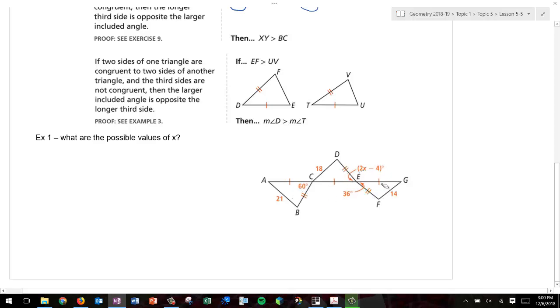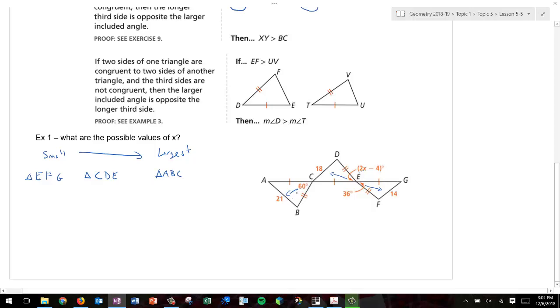If we look closely, if we ranked these from smallest to largest, based on their angle sizes, we can use their sides, I should say. Looking across from these angles, it appears that EFG is the smallest triangle, followed by CDE, and finally we have ABC.